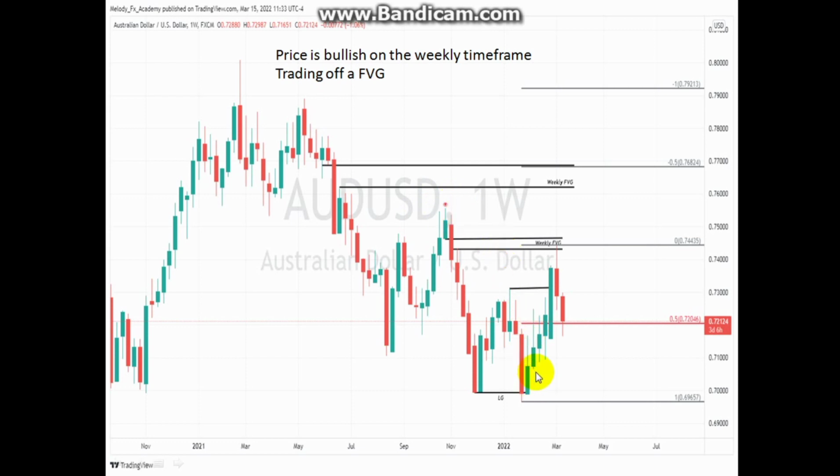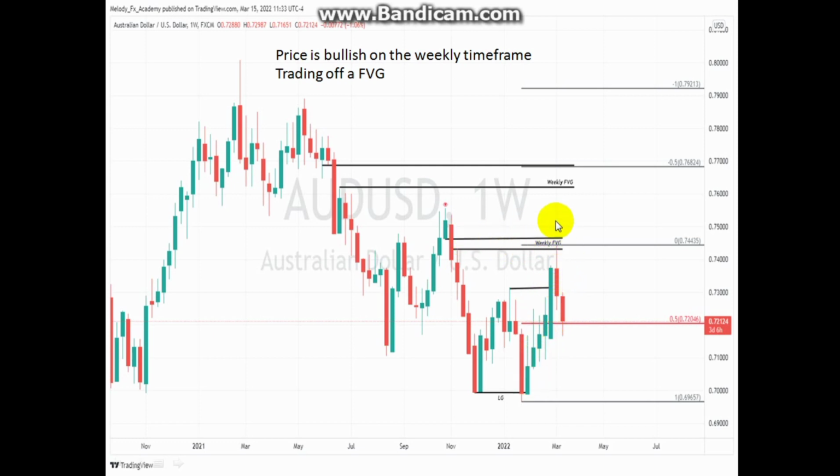As we can see on the weekly time frame, price has just traded into the weekly fair value gap and is currently bouncing off from it. Price is retracing off the fair value gap, but we are still very much bullish. This is just a retracement from the fair value gap.